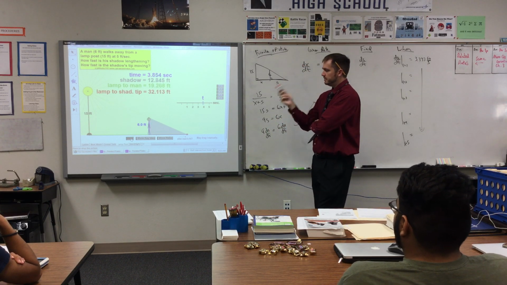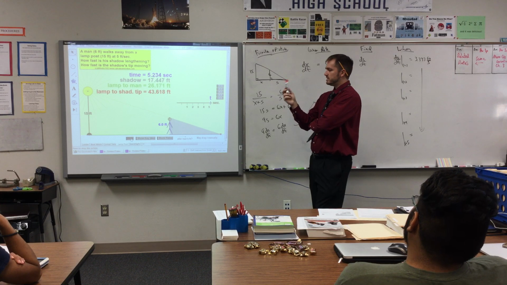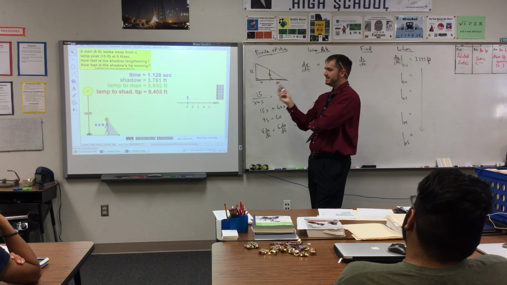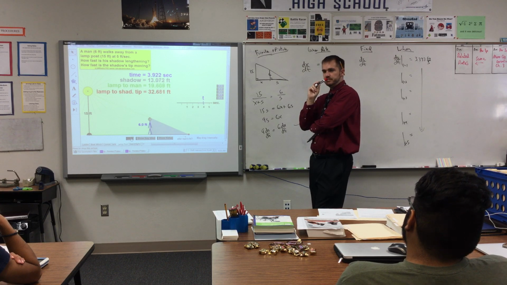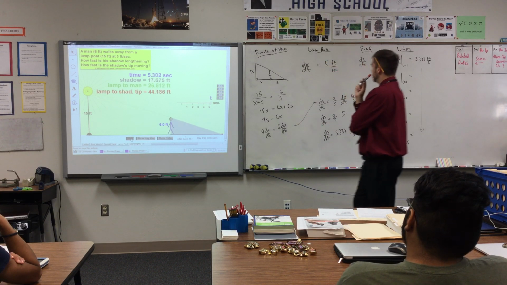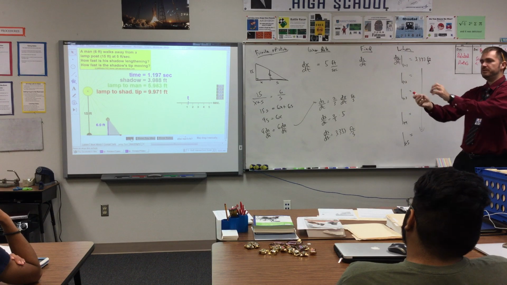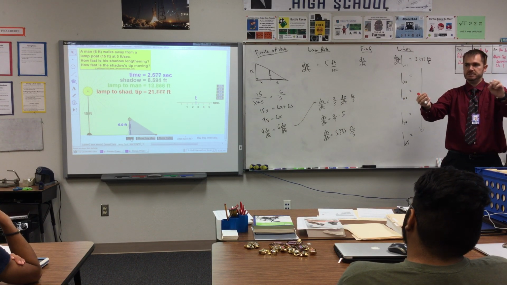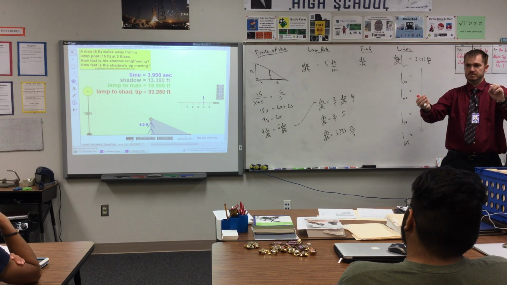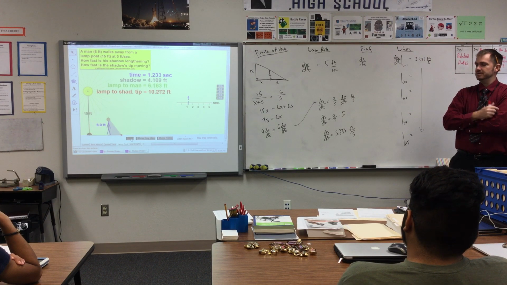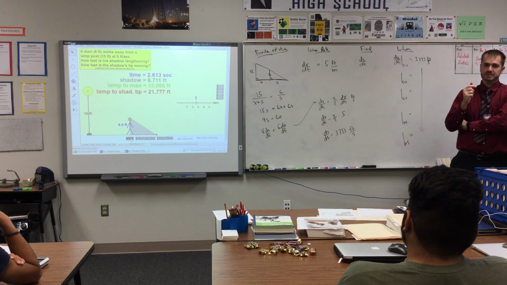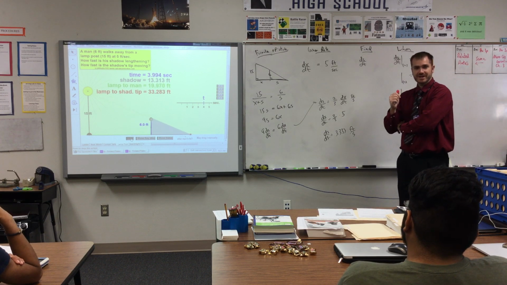Now, here's a question. What's the overall speed of the tip of the shadow? We know the shadow is traveling 3.3 feet away from him every second, so it's going to be that plus however fast he's traveling away. Exactly. And how fast is he traveling? 5 feet per second. So how fast is the tip of the shadow traveling? 8.33. Oh wow. Y'all catch that?